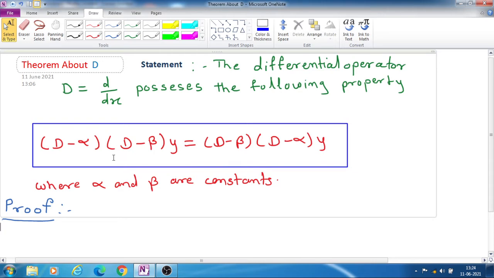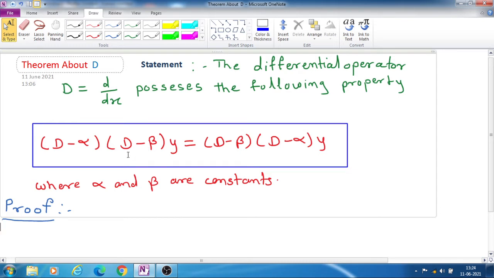So there are two brackets, D minus alpha and D minus beta. In LHS, first we operate the bracket D minus beta on y, and then we operate D minus alpha. And in RHS, first we operate D minus alpha on y and then operate D minus beta.